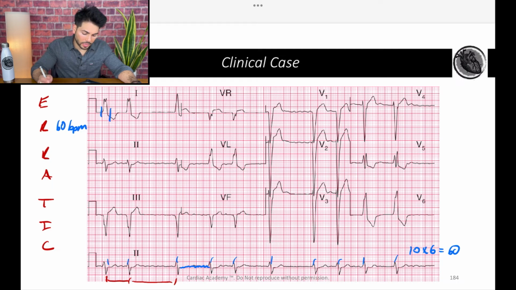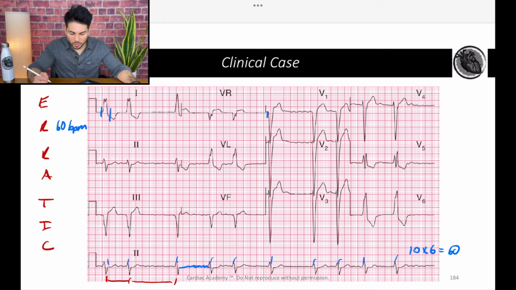Anytime we see a wide QRS complex, the next thing we do is look for bundle branch blocks, and we do that by looking at V1. In V1, if it is positive or upright, then it's a right bundle branch block. Right bundles are upright. If it is negative, if we see a knife, then it's a left bundle. So when we look here, we see a knife, a negative deflection, and we also see the rook sign on V6.